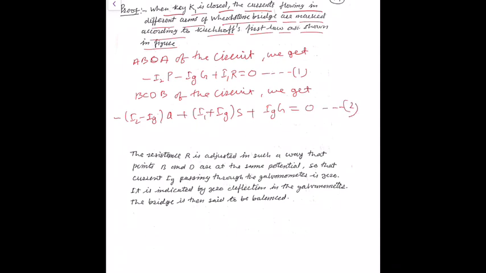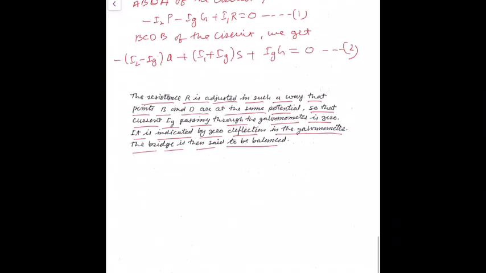It is equation second. The resistance R is adjusted in such a way that points B and D are at the same potential, so that current Ig passing through the galvanometer is 0. It is indicated by 0 deflection in the galvanometer. The bridge is then said to be balanced.